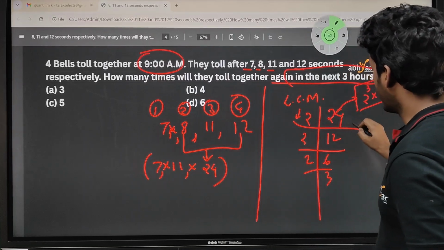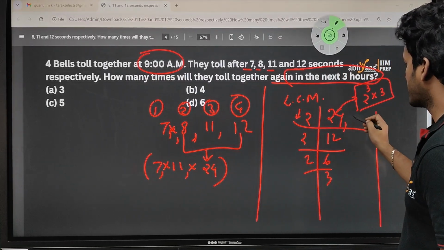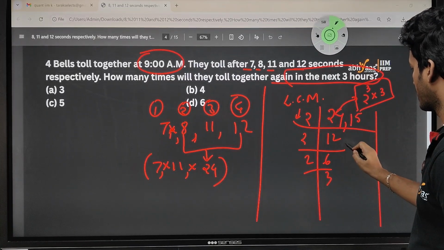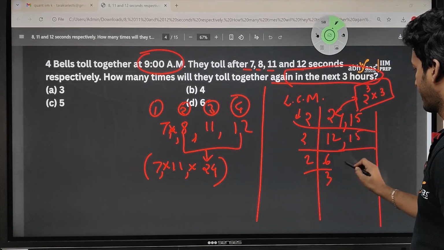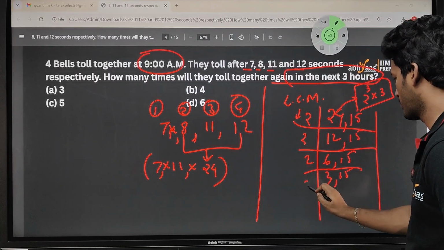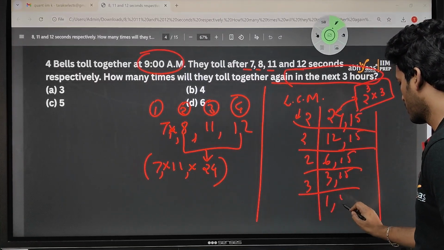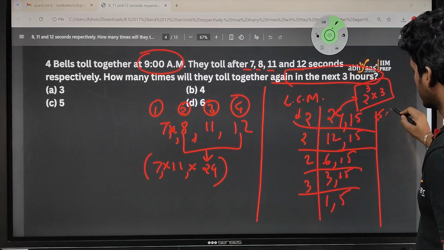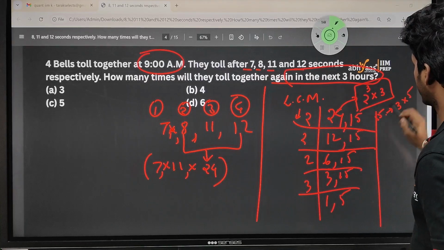For the other number, let us take 15, which can be written as 3 into 5.